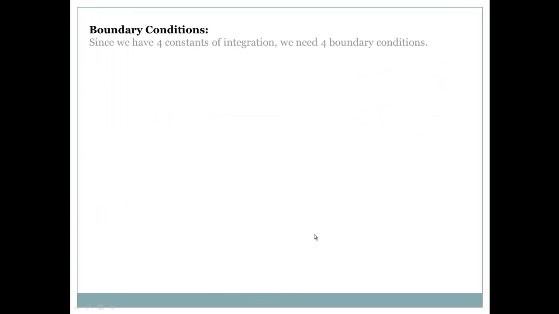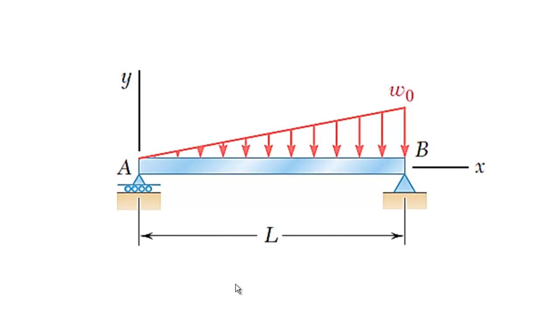Boundary conditions. We have 4 constants of integration, so we need 4 boundary conditions. Let's see, what do we have here? This is the beam. First boundary condition: at x equals 0, that's at this support, y equals 0. There is no deflection. Reasonable. Now the second: at x equals L, y is also 0, because it's another support.